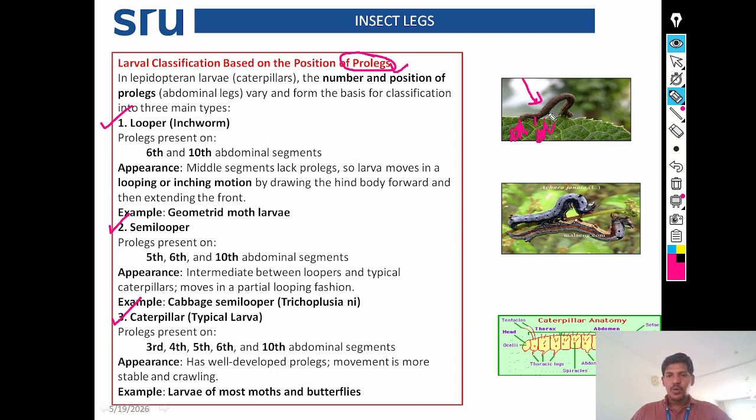See here, there is no proleg in this region. So the larva moves in a looping or inching motion by drawing the hind body forward and then extending the front. For example, this kind of larva is there in geometrid moth larvae.